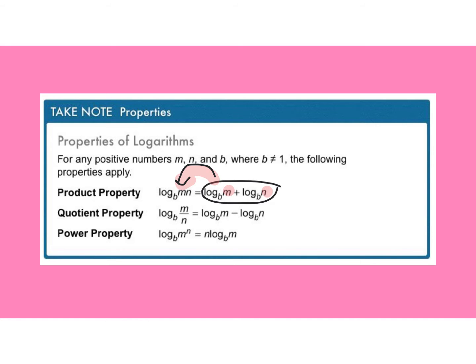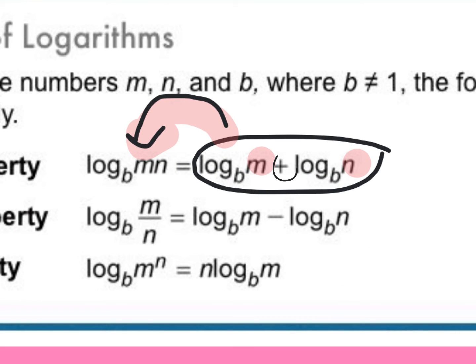If you had log base b of m plus log base b of n, since you're adding, that goes with multiplying to condense. If you were multiplying and the problem said to expand, then you would just break it up and add them. So you can go either way. But it's super important to know that multiplying goes with adding.